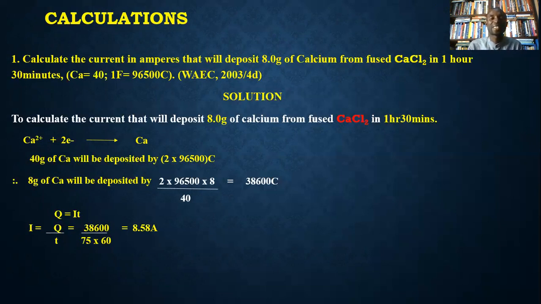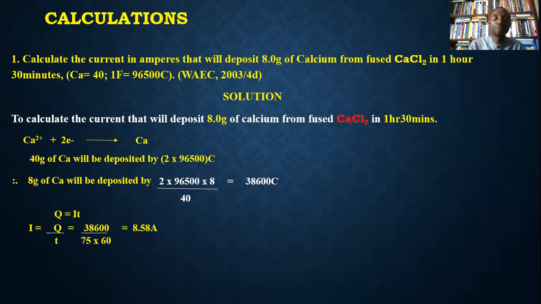So 1 Faraday is for 1 electron, but calcium receives 2 electrons.